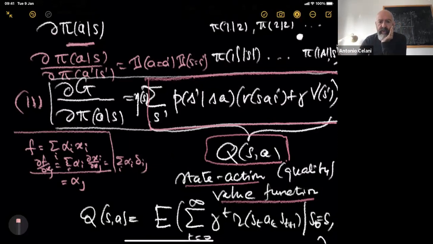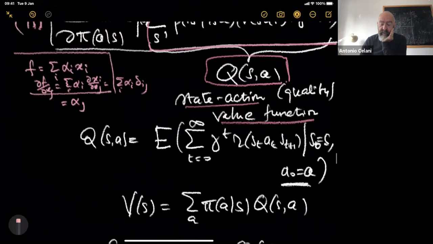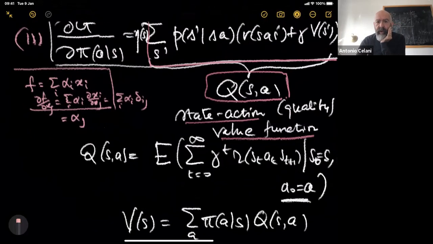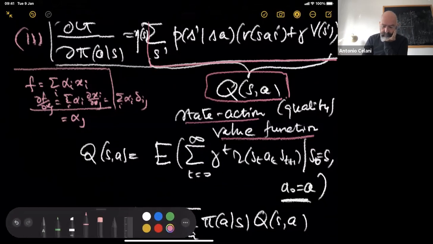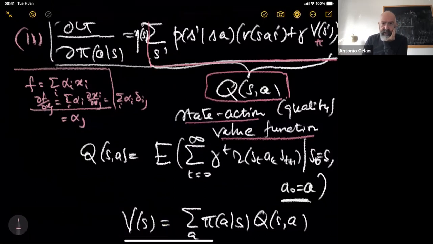There will be more on this Q function later. But what I want to stress here is that this Q is implicitly dependent on the policy, because V depends on the policy, so Q does. Of course, what you will get in the future, starting from a certain state and action, does not depend only on the action you're taking now.